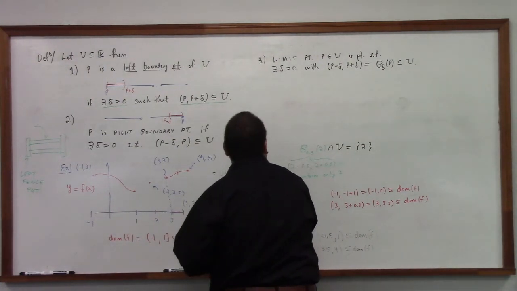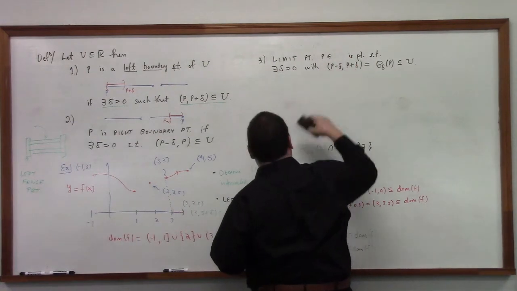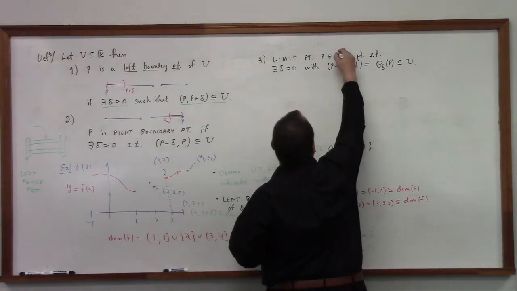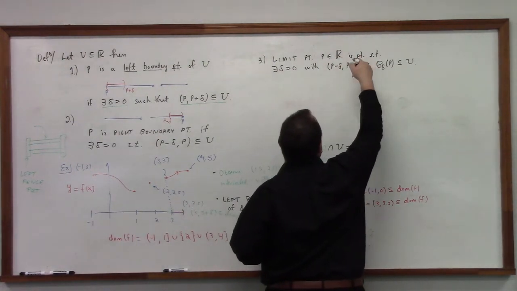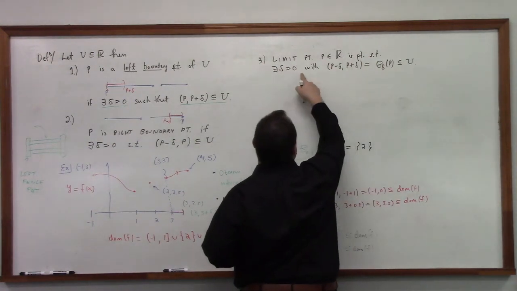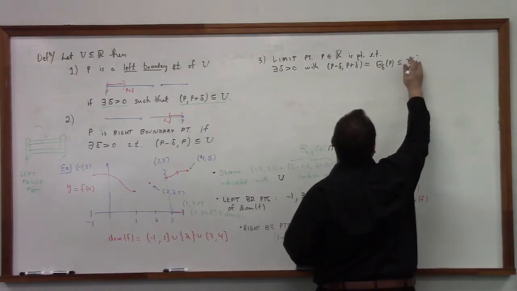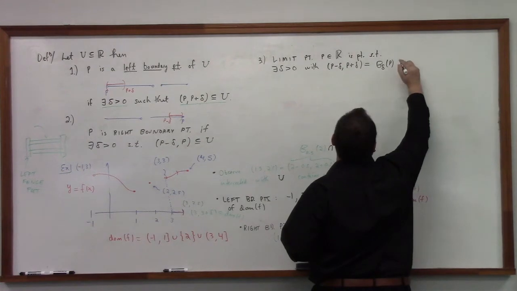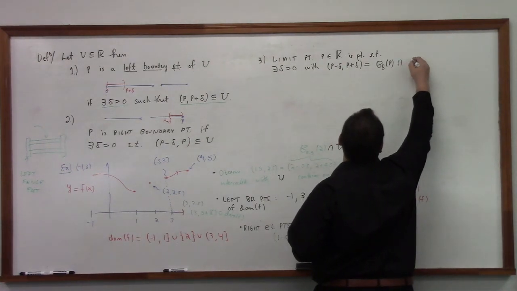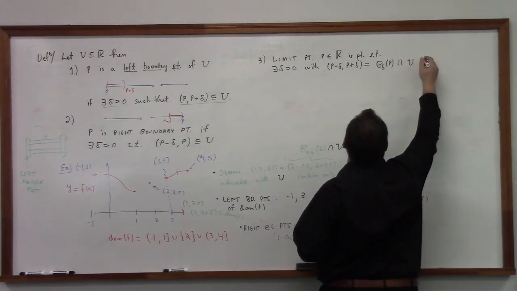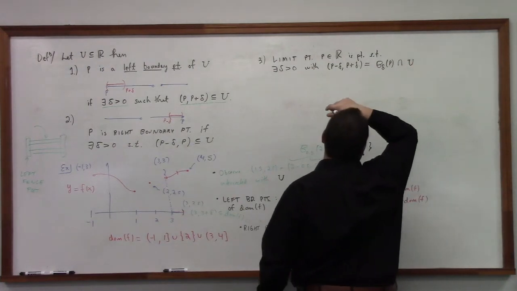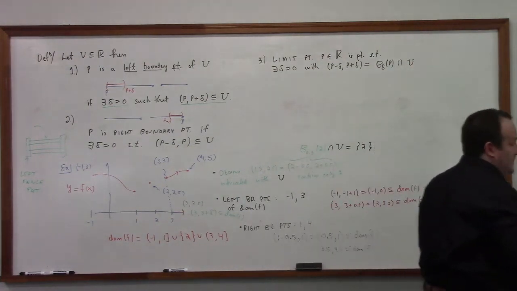No. P in R is a point such that there exists delta greater than 0 with this intersect with U, I still think I have it wrong.